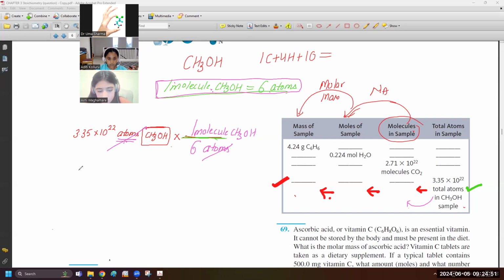What's the answer? 3.35 times 10 to the 22. No, divide by 6. It is 5.58 times 10 raised to power 21.